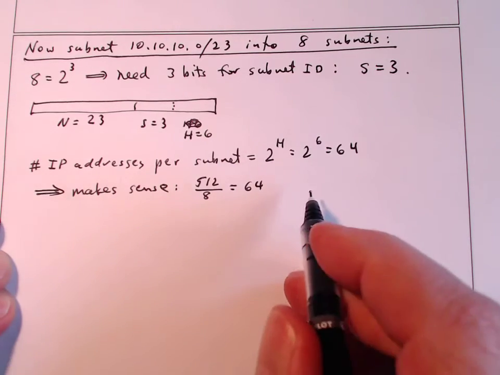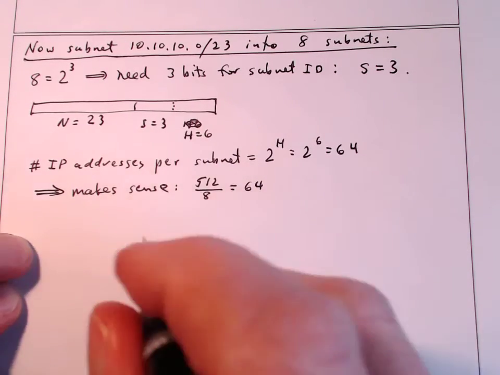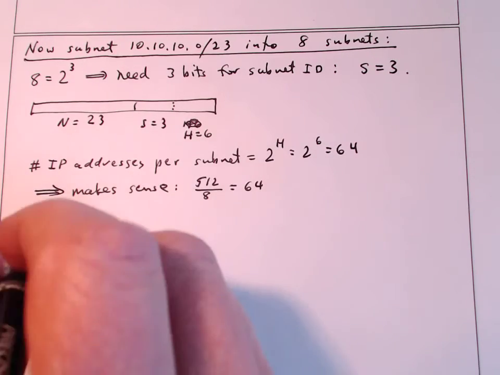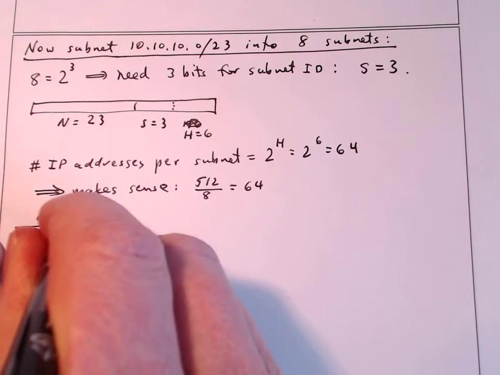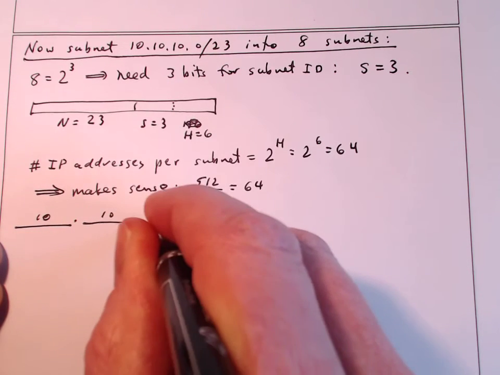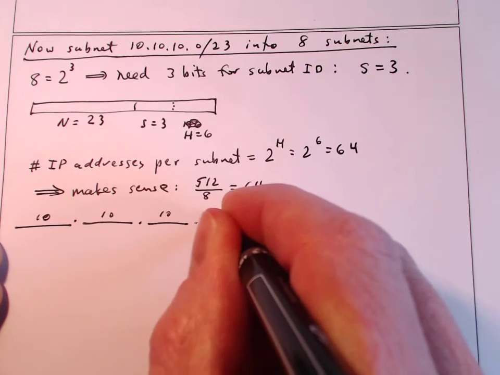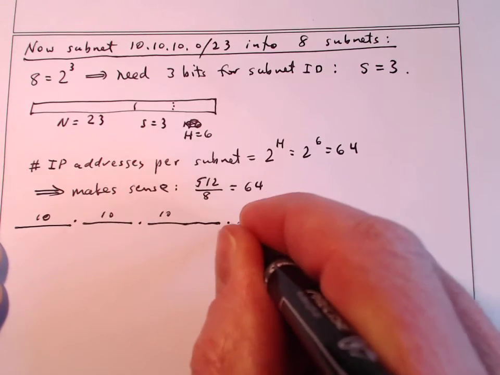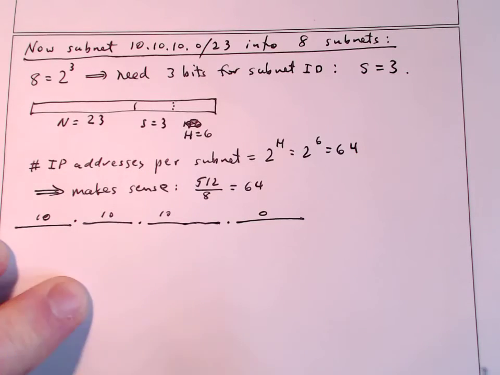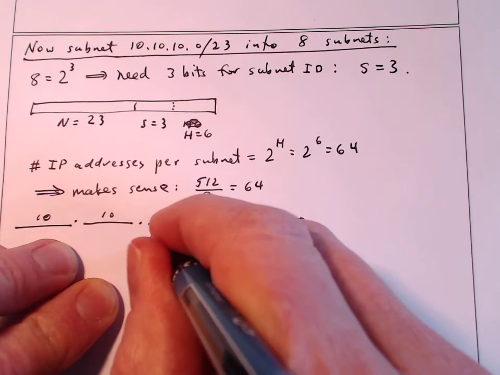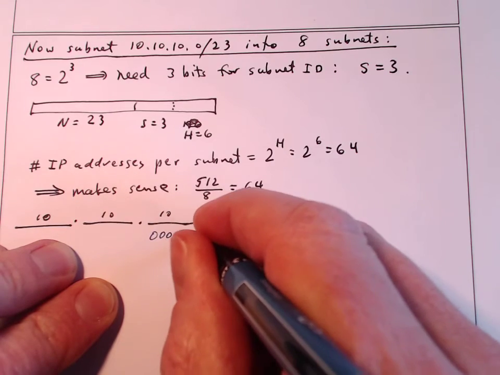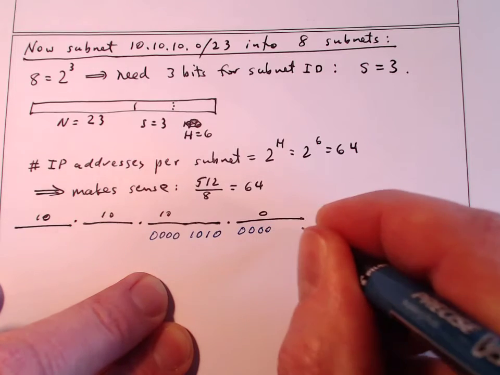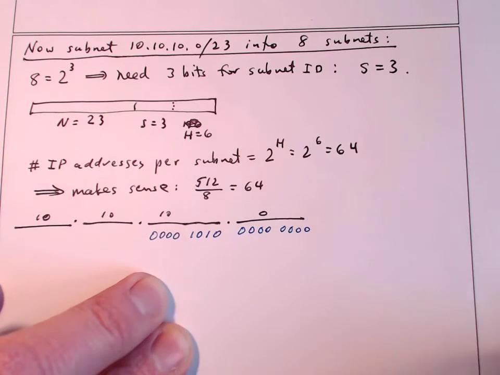Okay, so how do we do this? We're going to have our IP address 10.10.10.0. And again, the 10 is 4 zeros and a 1010, and then this is 8 zeros for the 0.